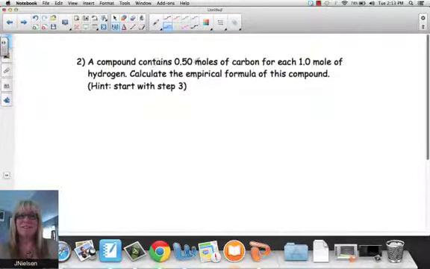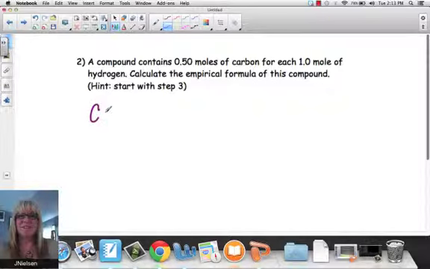A compound contains 0.5 moles of carbon for each 1 mole of hydrogen. Calculate the empirical formula. So remember, it's percent to grams, grams to moles, divide by small. So I already have moles, so I'm going to divide by the smallest number of moles.